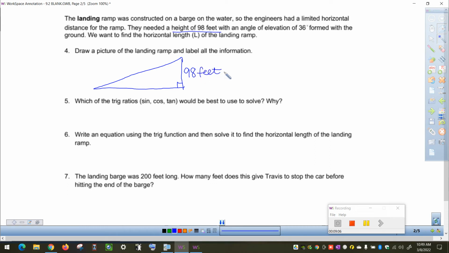So we can go ahead and label that vertical distance height. And it says that it's an angle of elevation of 36 degrees formed with the ground. So if we want to find the angle down here formed with the ground, this right here is what we call an angle of elevation. So from this point here at the ground, what is the angle that's looking upward at a higher point? And so we'll go ahead and label that as 36 degrees.